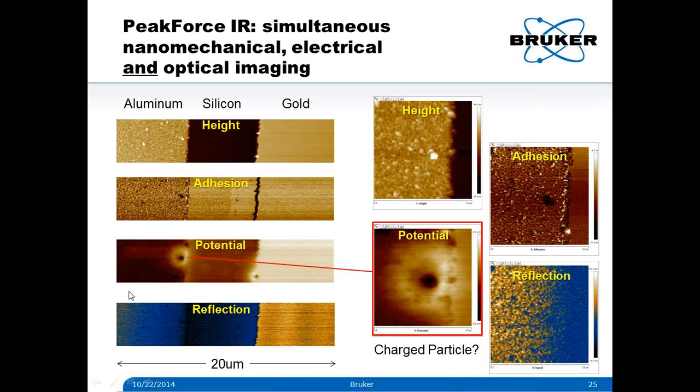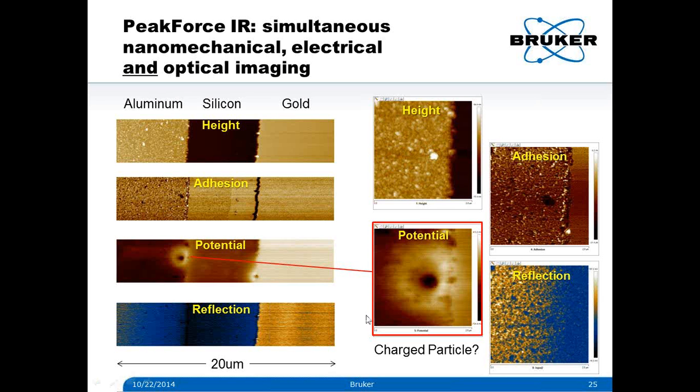And then if you look at the reflection channel down here, taken at the same time, you can clearly distinguish gold from silicon, but also silicon from aluminum a little bit. But if you add KPFM, you see that you also have a quite different work function for all these materials. And this is also a quantitative measurement, so you can extract the work functions of your sample in millivolts.